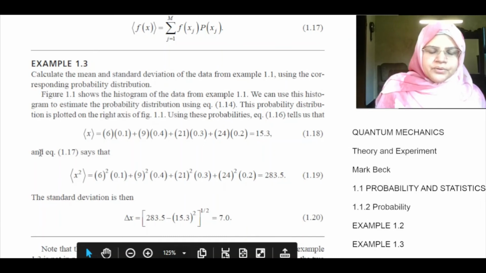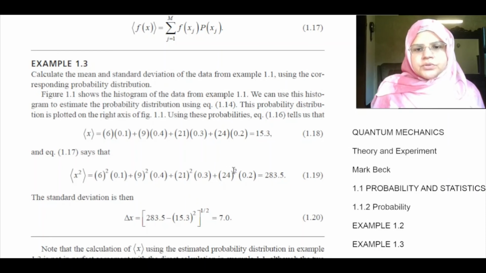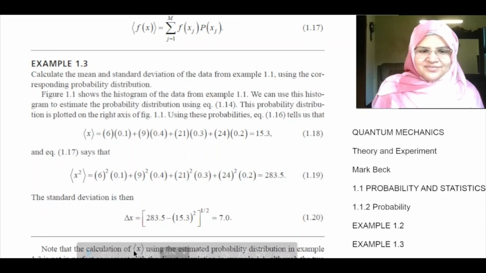And using equation 1.17, the mean of x squared is equal to 6 squared times 0.1 plus 9 squared times 0.4 plus 21 squared times 0.3 plus 24 squared times 0.2, and this is equal to 283.5.